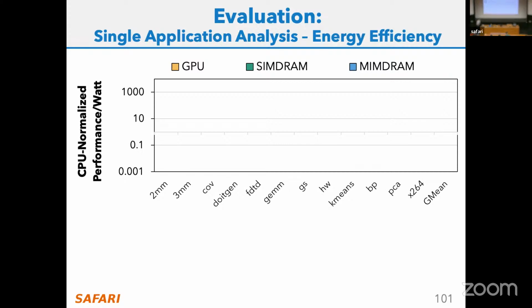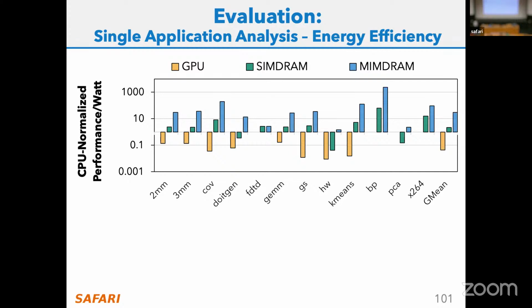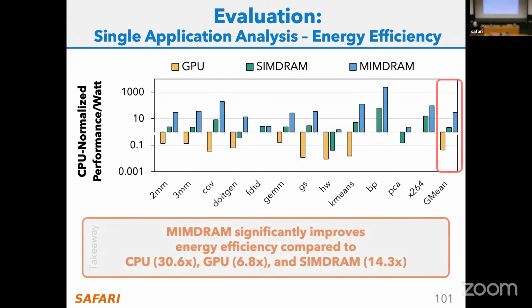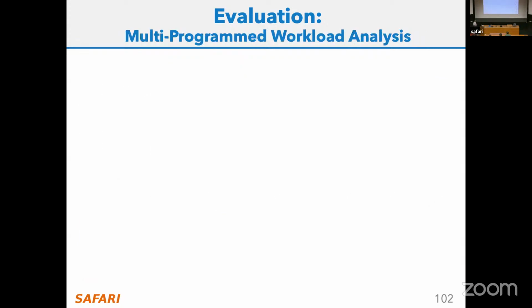So now we took 12 applications from different benchmark suites. So this is like PolyBench, you have SPEC, this is not PARSEC, Phoenix benchmark suite. Those are real applications, and we compile those applications using our new compiler, and then we map them to this MIMDRAM substrate. Compared to the CPU, GPU, and SIMDRAM, MIMDRAM significantly improves performance per watt for those three systems.